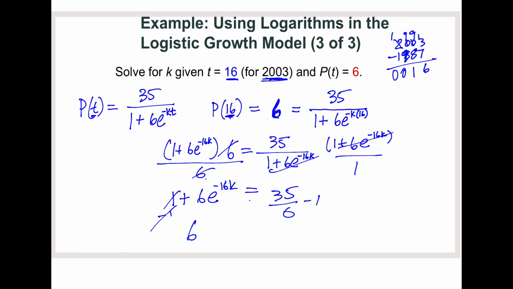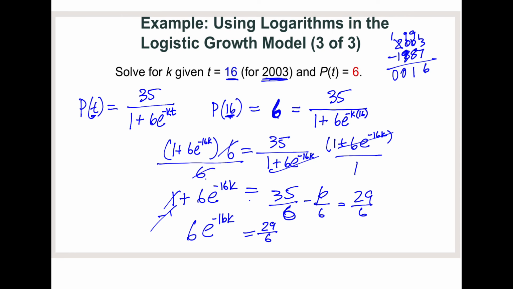So I have 6 e to the minus 16k equaling 35 over 6 minus 1, so let's make that 6 over 6. Common denominator, this gives me 29, carrying the denominator 6. So we have 29 over 6.